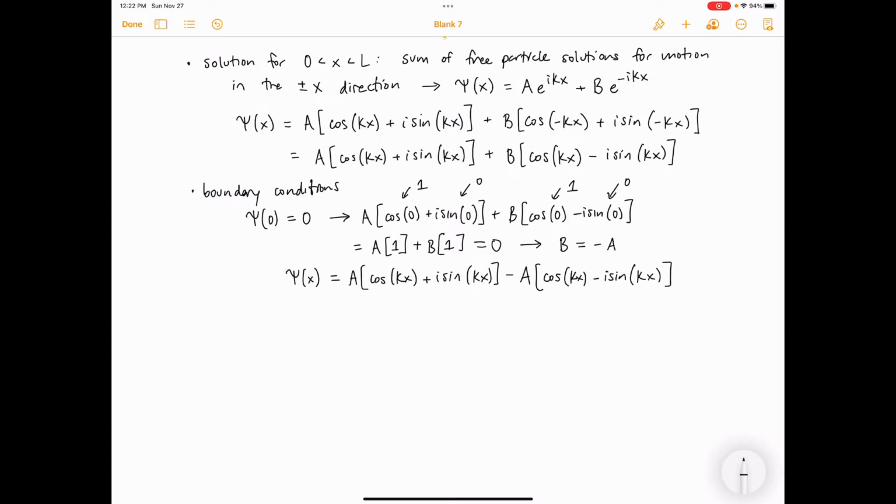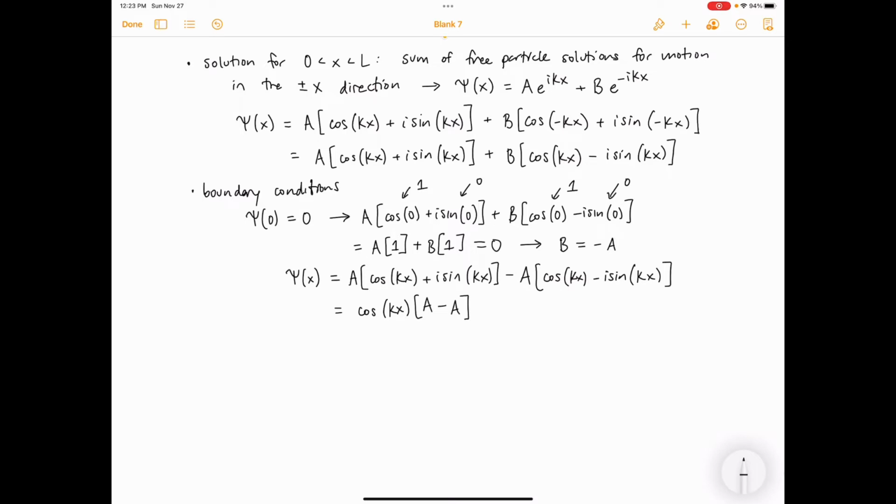Okay. I'll try to simplify that a little bit. Let's collect all the terms that have a cosine multiplying them. So let's just say cosine kx. Well, from our first term, we have a factor of a. And then from our second term, we have a factor of minus a.